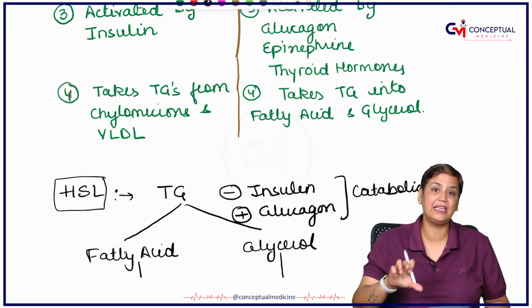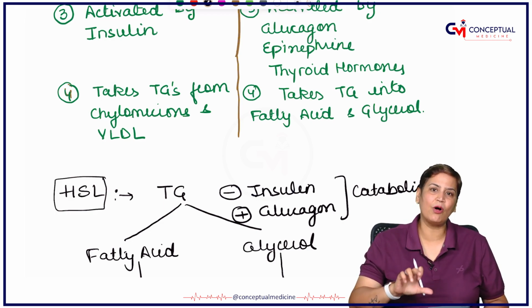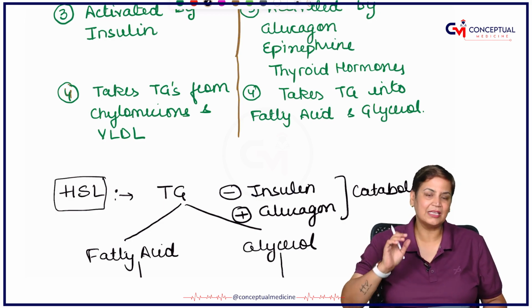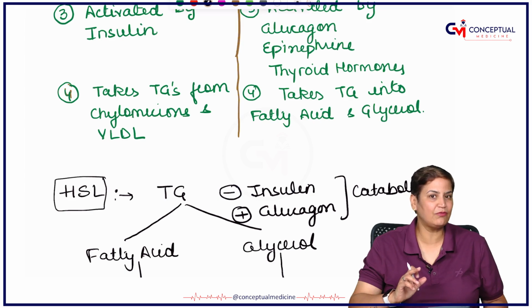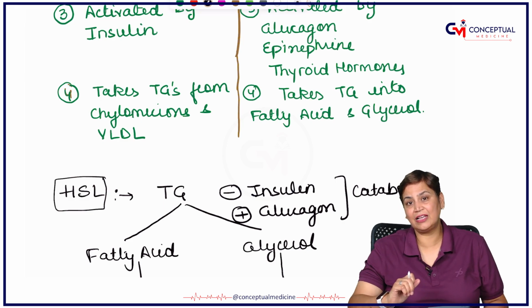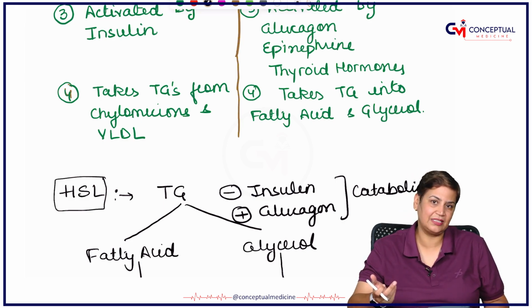It is simply taking the lipoprotein from the vicinity of chylomicrons and VLDL, because chylomicrons are responsible for the exogenous pathway and VLDL is responsible for the endogenous pathway. And this is the basic difference between exogenous triglycerides and endogenous triglycerides.